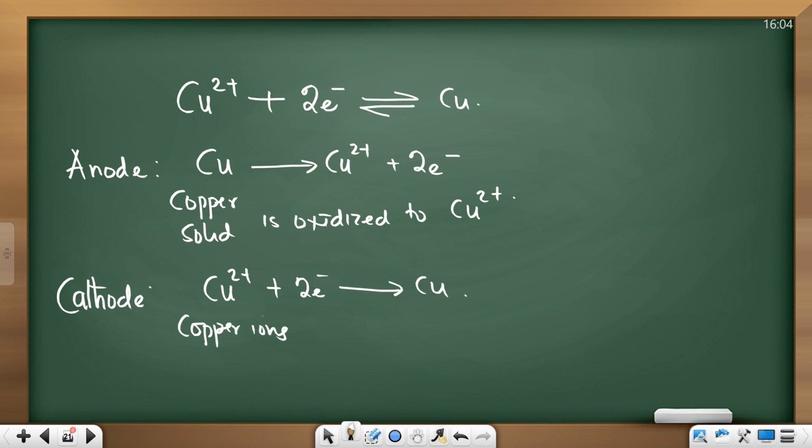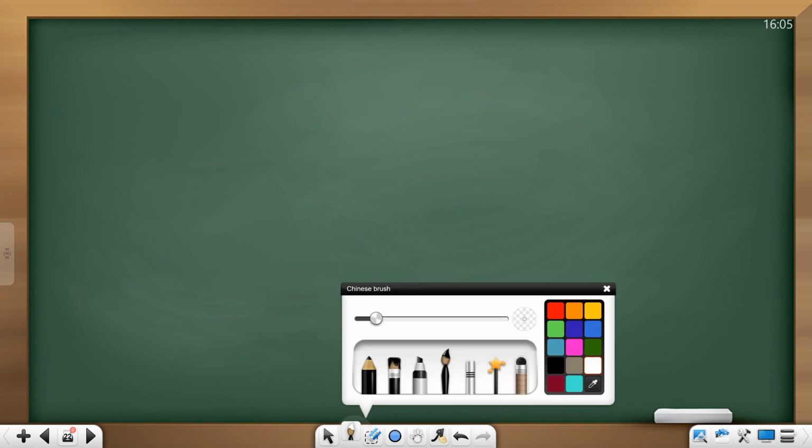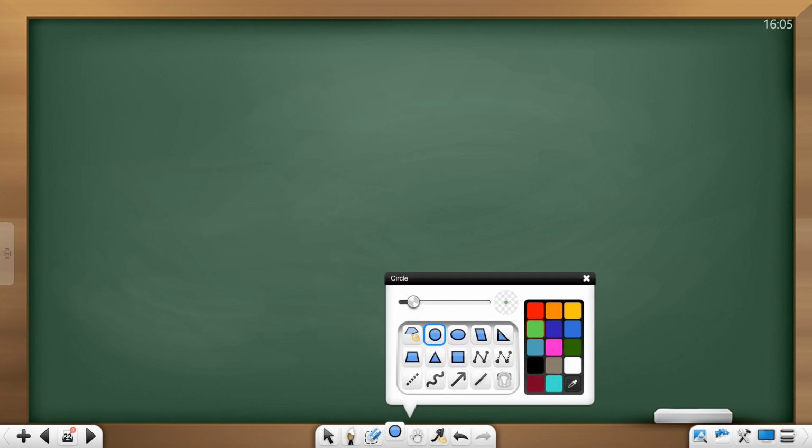Copper ions are reduced to copper. This is me using the half reaction. So if I want to electroplate, for example, let me explain this whole question to you. This is what the examiner has done.